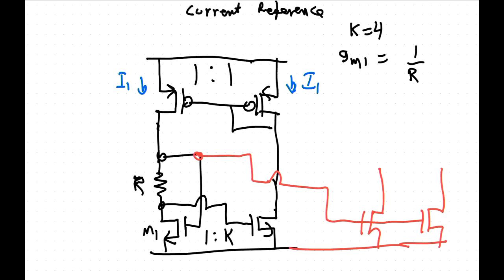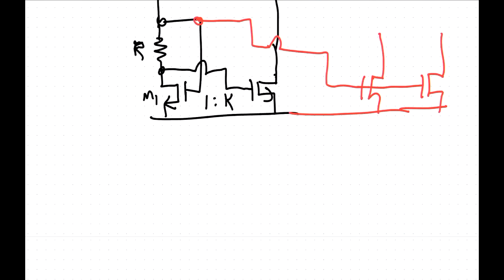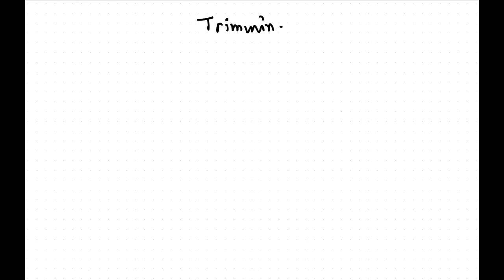So what you can also do is have trimming. There's another thing we need to talk about for that circuit, but trimming is important. And it's not very hard actually to do trimming. All you do is have a number of series resistances like this.